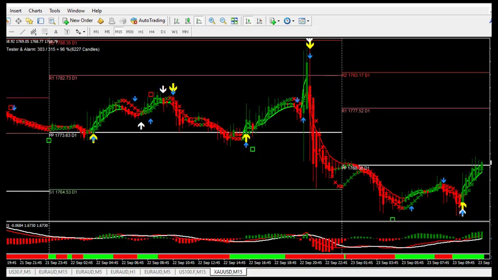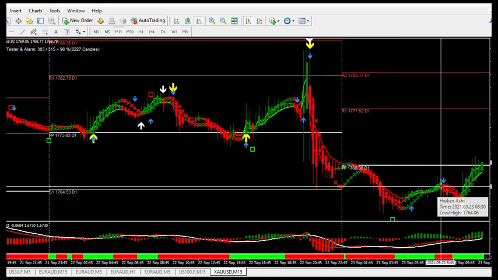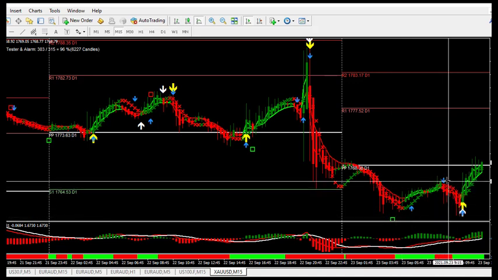It was actually a few minutes ago that I placed the trade, and here it was. There was a buy here, and another, this is for buy, and I saw another one here at this point in time.